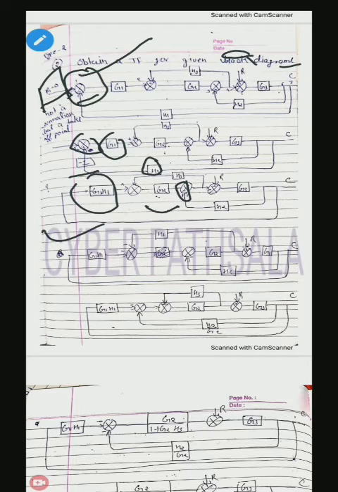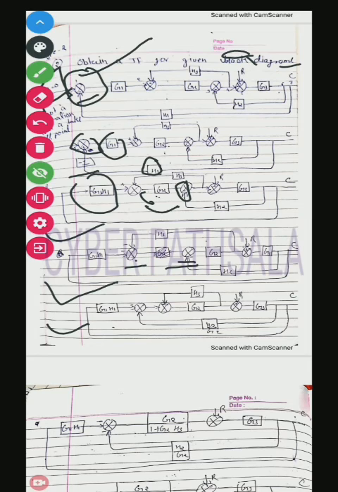So we move the summer before the block G2, and we get this block diagram. As you can see, we have two summers consecutively, so we can interchange the two summers. In the next step we have just interchanged the two summers. Moving to the next slide.